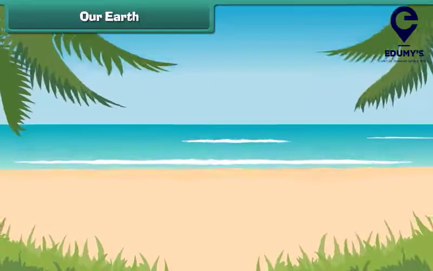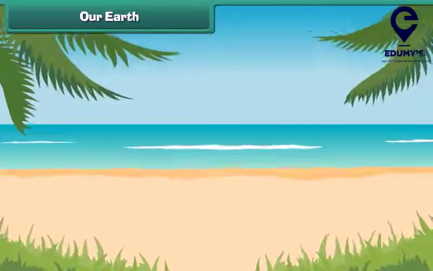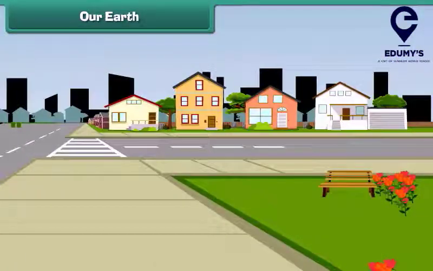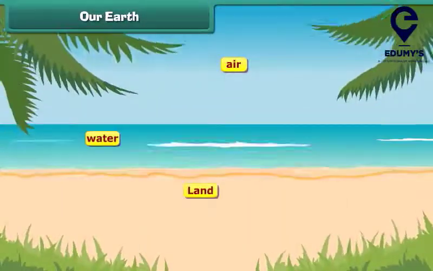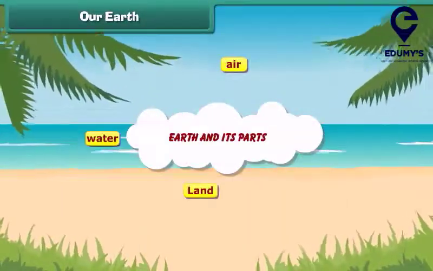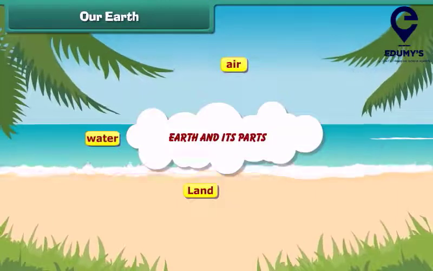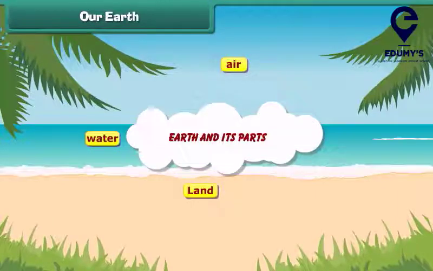Our Earth gives us air and water to live. It also gives us land to make roads, houses and buildings to live and work in, and parks to play around. The air, water and land are three major parts of our Earth. Now let's learn about these parts of Earth in detail.